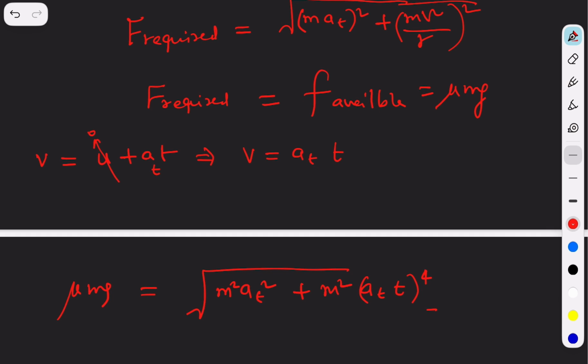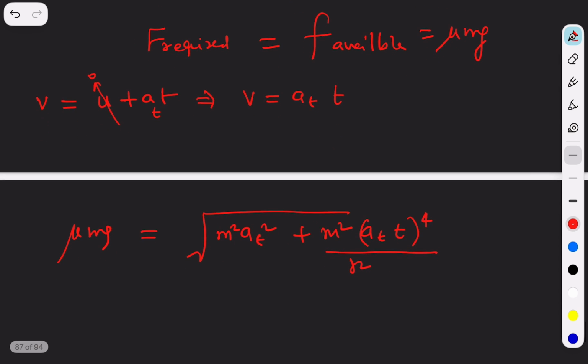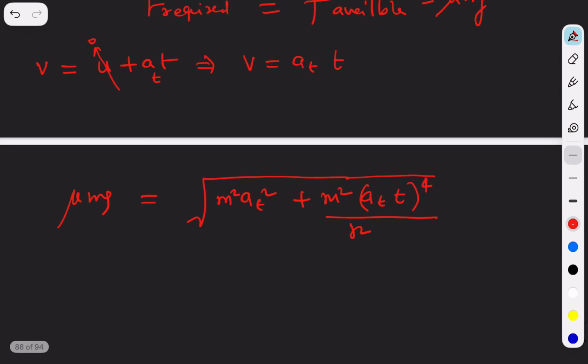So this is the thing. I can take m common, a t common if you want, and mu into g, cancel both sides. If I take m out, what we have in the answer here is a t square plus a t power 4 t power 4 divided by r square.